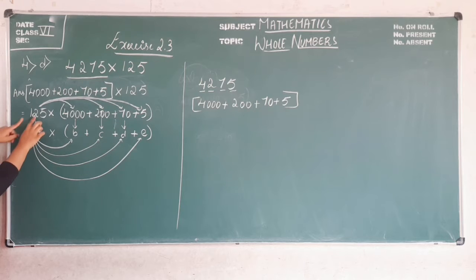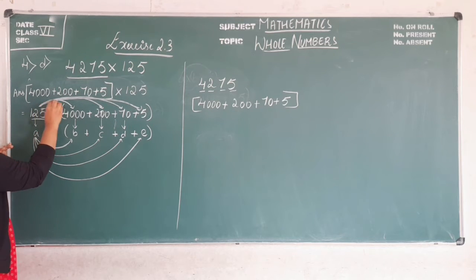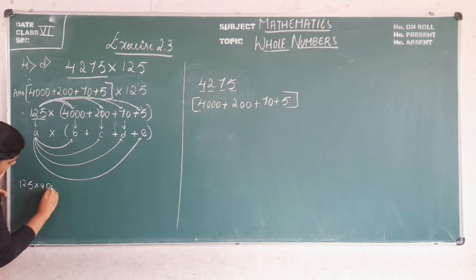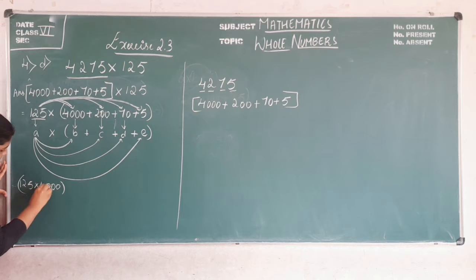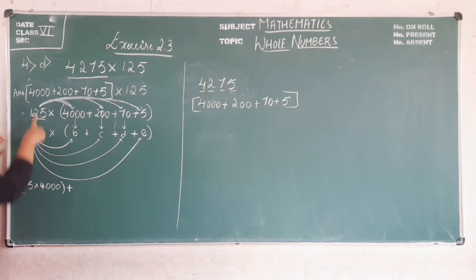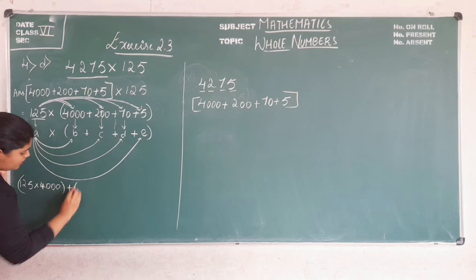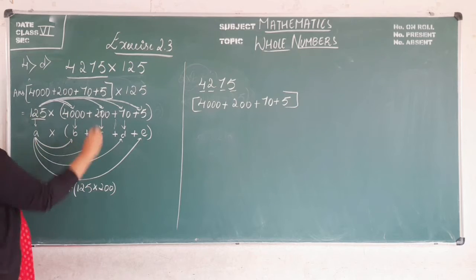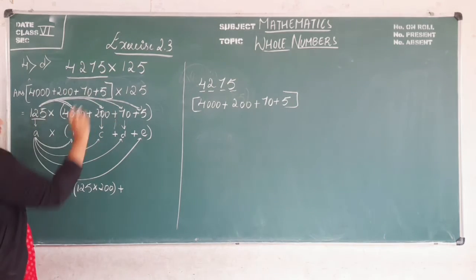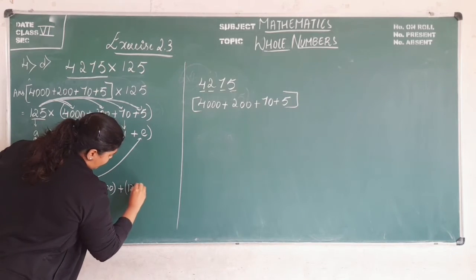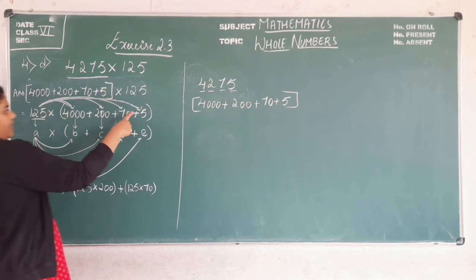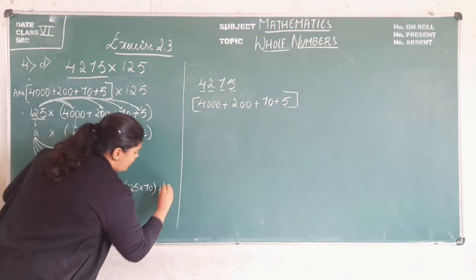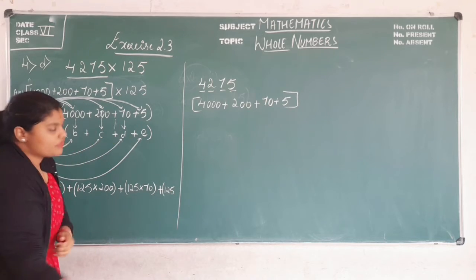So I will be writing here. First 125 into 4000, then plus sign, then again 125 into 200, plus 125 into 70, then plus sign, then 125 into 5.